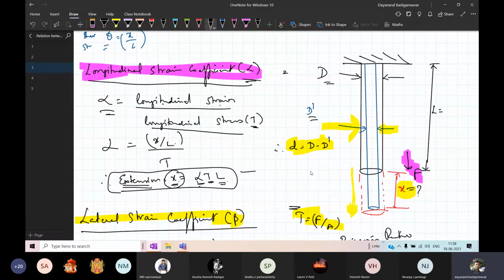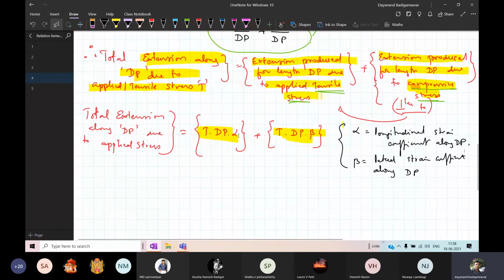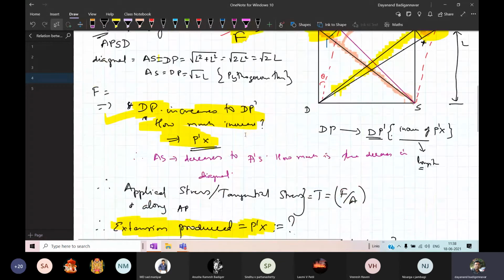The same thing I have done in the next case: T dp into alpha.